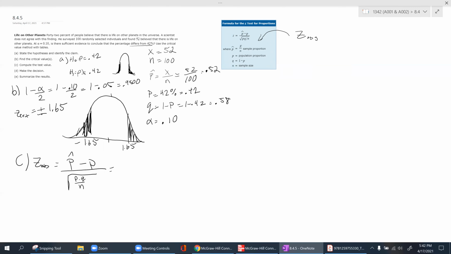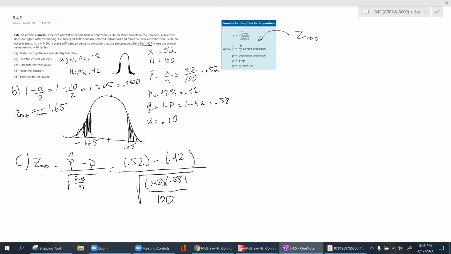My P hat was 0.52 minus 0.42 all over the square root of 0.42 times 0.58 over my sample size. What was my sample size? 100. Let's go ahead and plug all that in.